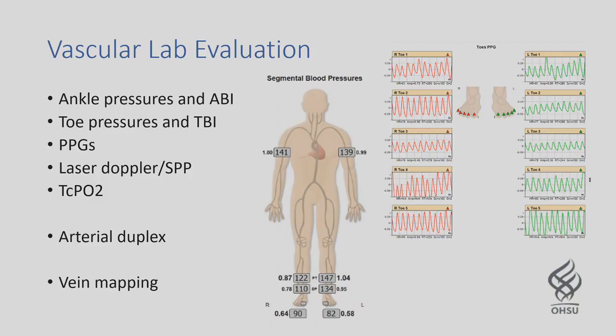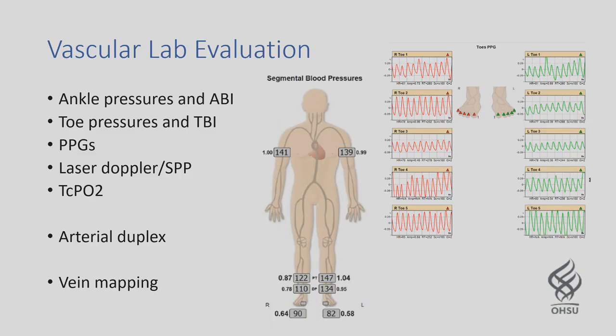A normal ankle brachial index, so the brachial pressure as the denominator and the ankle pressure as the numerator, should be between 0.9 and 1.2. So we mentioned PAD is less than 0.9, critical limb ischemia typically less than 0.4, and severity of the claudication runs in between somewhere. However, that doesn't mean that someone who has an ABI, like this patient seen here, of 0.8, for example, in this exam, has claudication.